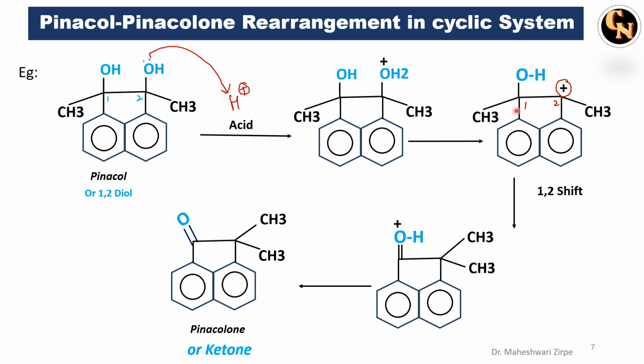Here the sigma bond will not break, but the CH3 group will get shifted from this position to here. So when oxygen gives its lone pair, your CH3 group is going to get shifted as a 1,2 shift. So a 1,2 shift of the methyl group takes place.